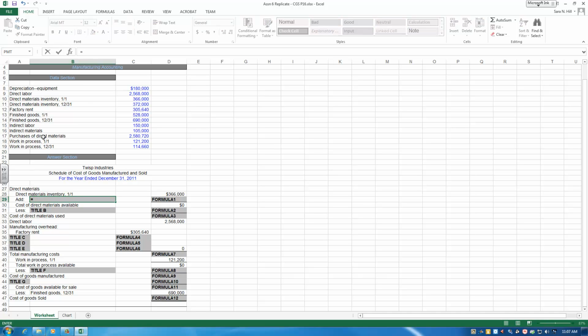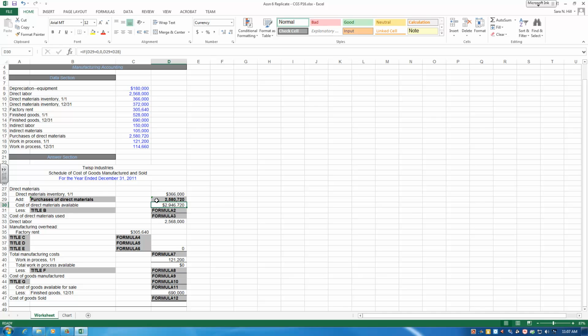And we're looking for purchases of direct materials, and we are taking the label. And let's also just right away drop in the corresponding dollar amount. Okay, so that's going to be C17. Okay, so we've got a formula in here that calculated for us our direct materials inventory plus our purchase.